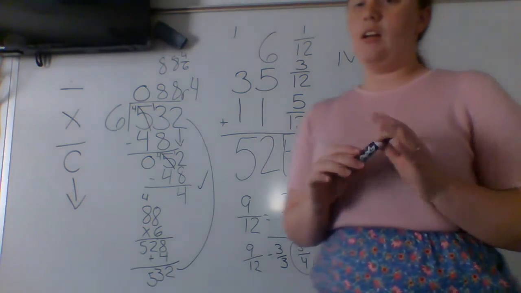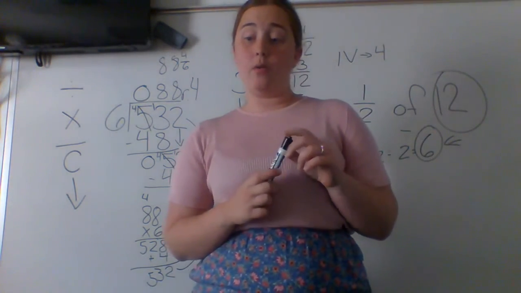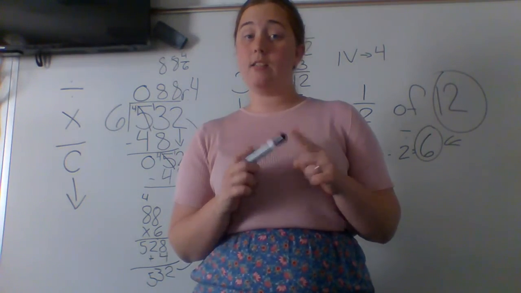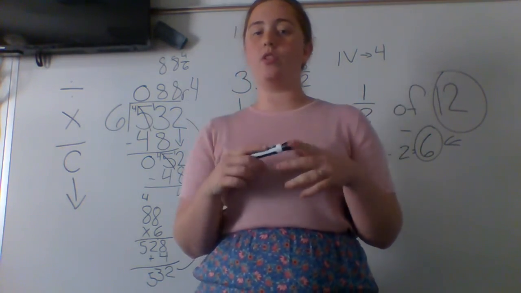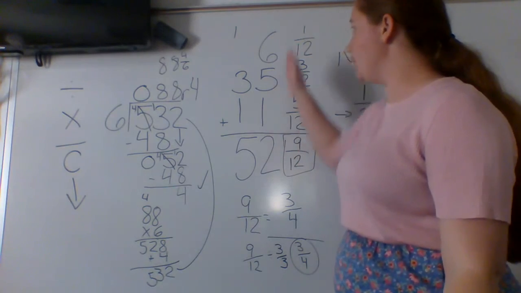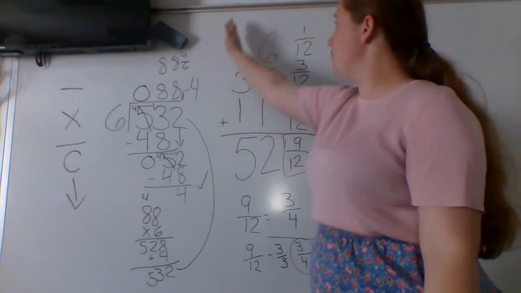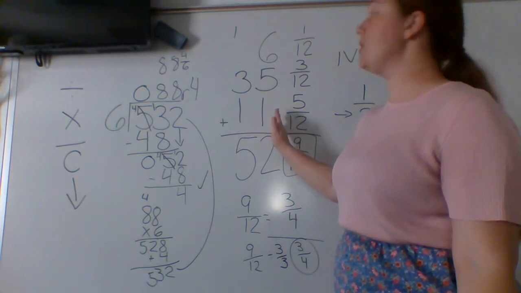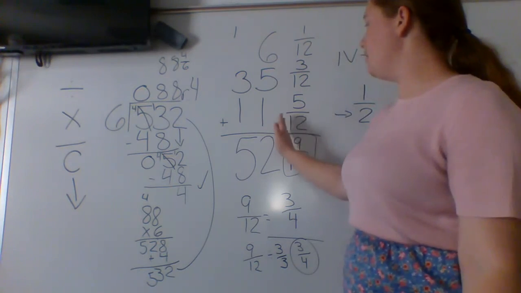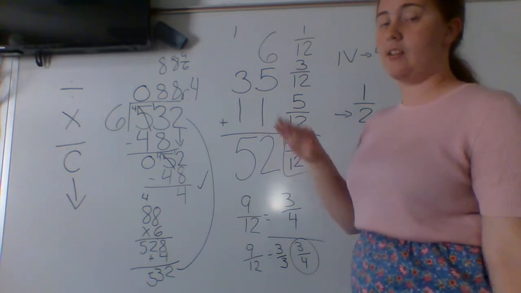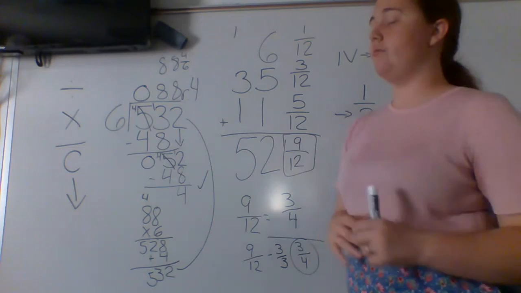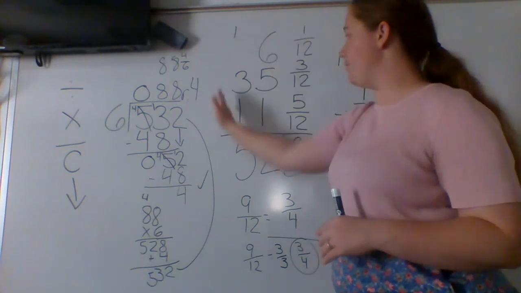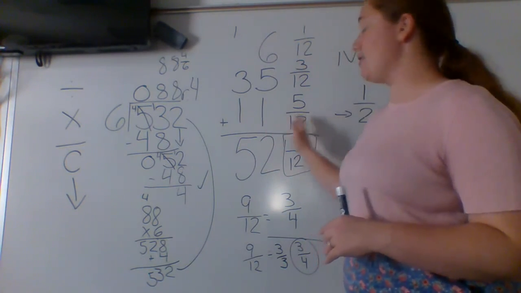You will also need to know how to recognize whole numbers, which is just a number. Like these right here. Those are whole numbers. These right here are fractions. You need to recognize the difference between a whole number and a fraction. That's the whole number, that's the fraction.